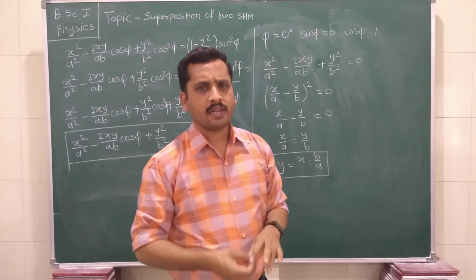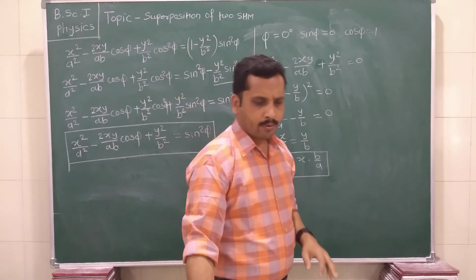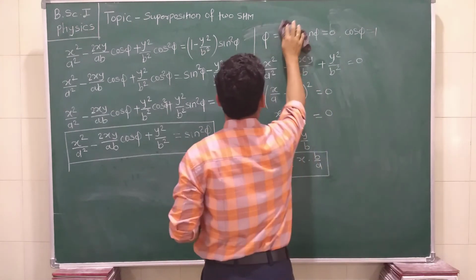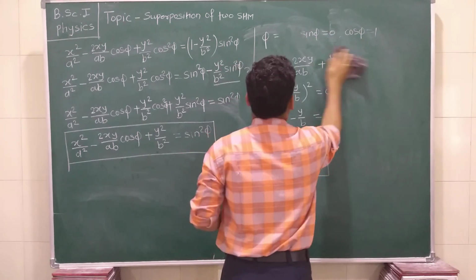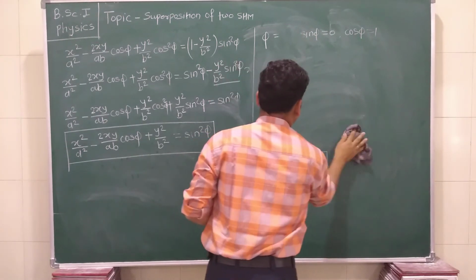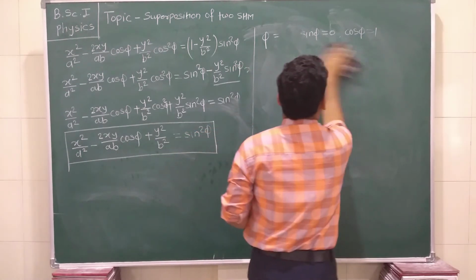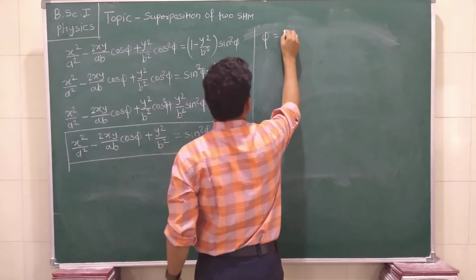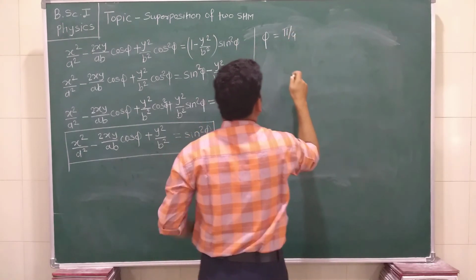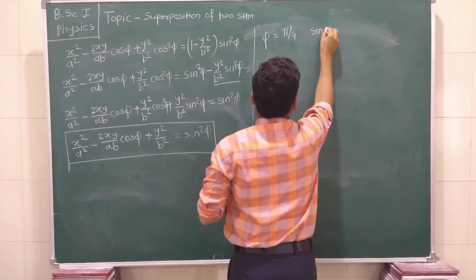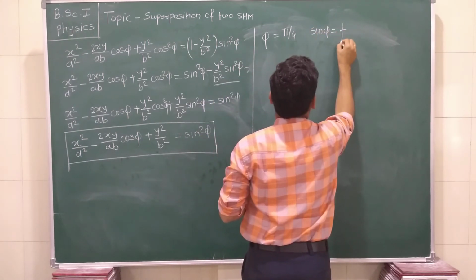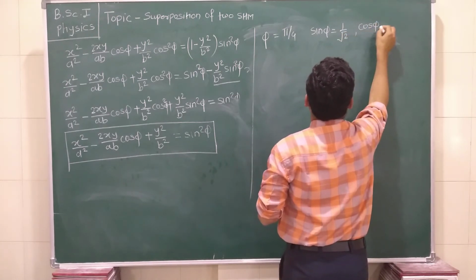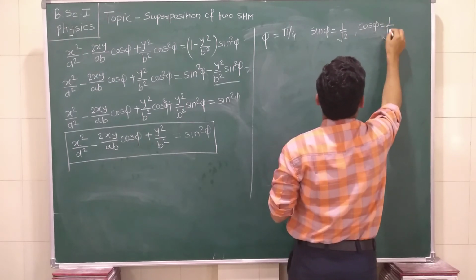Now if the angle is equal to π/4, meaning 45 degree, then what happens? If φ is equal to 45 degree, meaning π/4, then sin φ is equal to 1/√2 and cos φ is also equal to 1/√2.